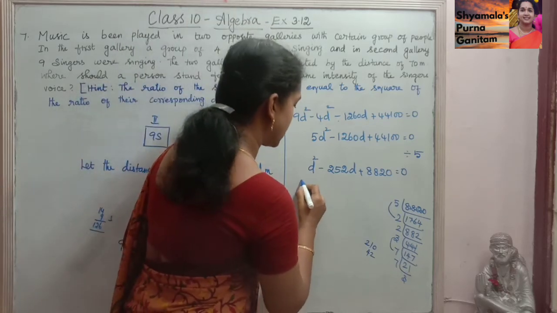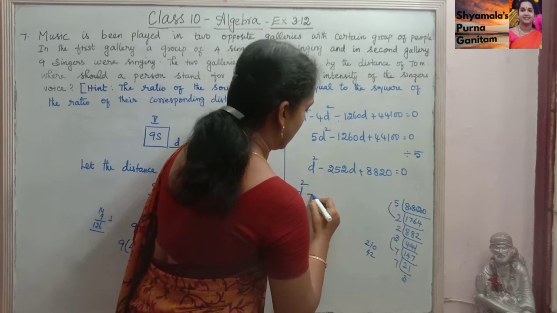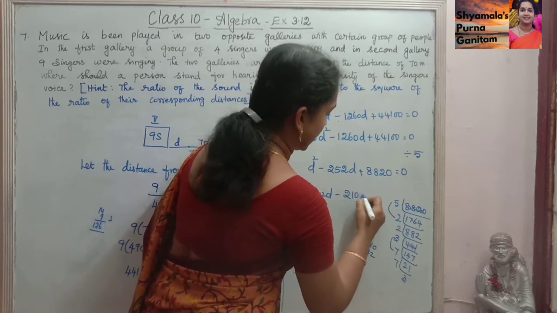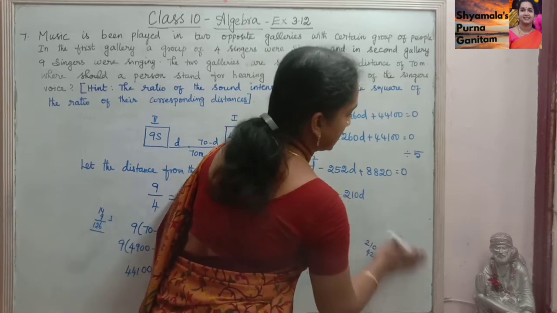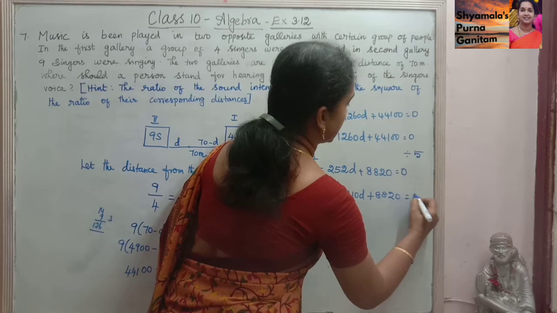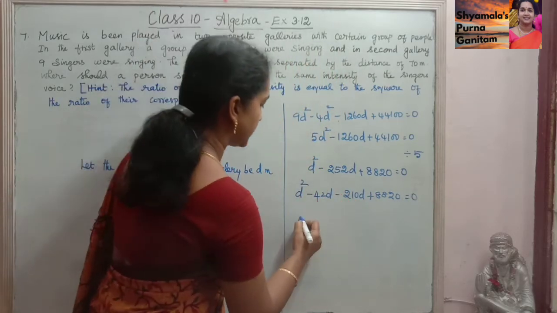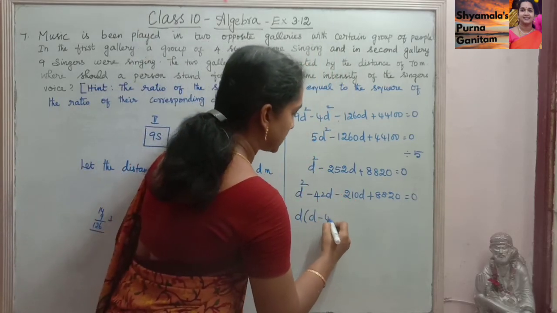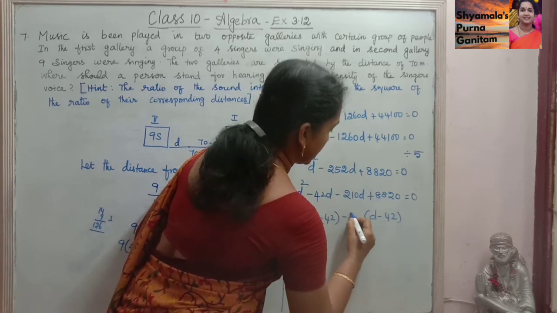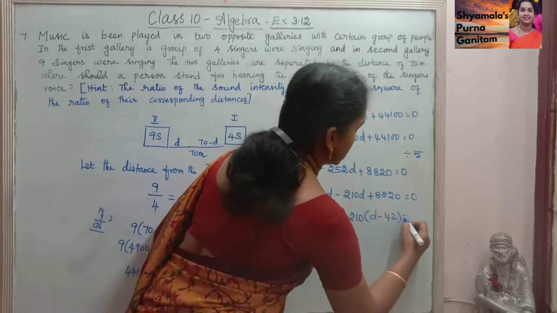So d squared minus 42d minus 210d plus 8820 is equal to 0. Okay, so d into d minus 42, and outside it is 210.